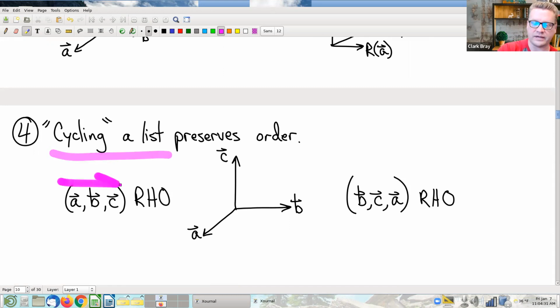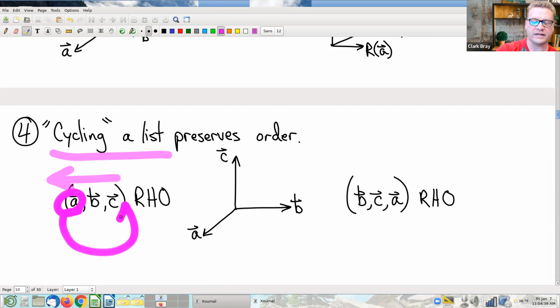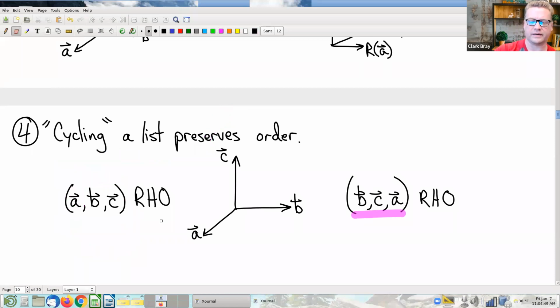If everything moves over one spot, and then the one that would have fallen off the edge goes back around to the other side, such as this, that preserves the order. And of course, there is no version of that really for two dimensions.